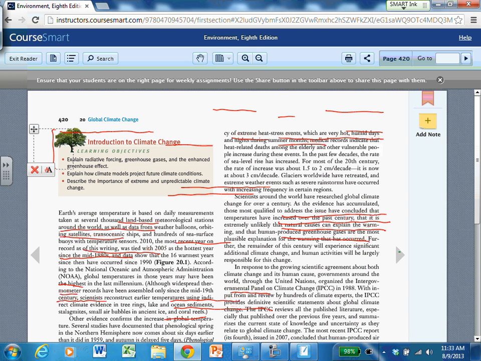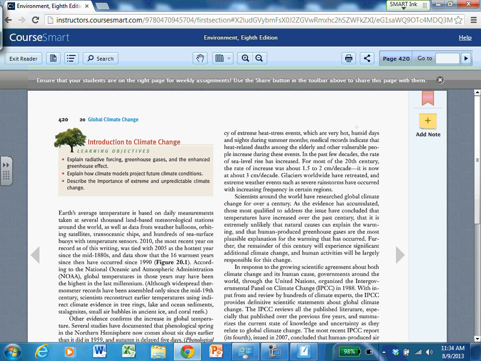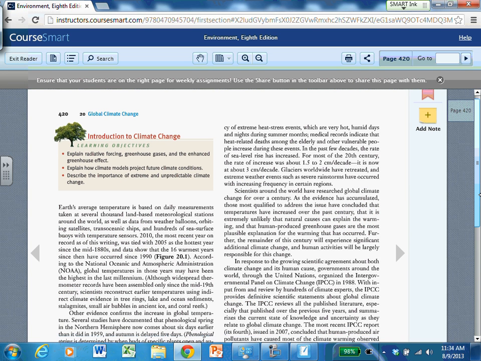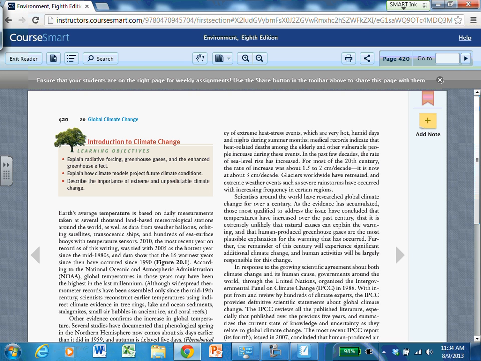Okay, the next part in the reading will take us through an introduction to climate change, to the causes of global climate change. So we'll do a little definition, summary, and figure for that section. So I would now read it.